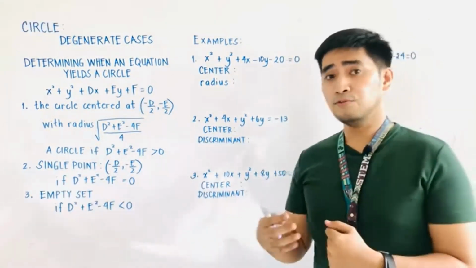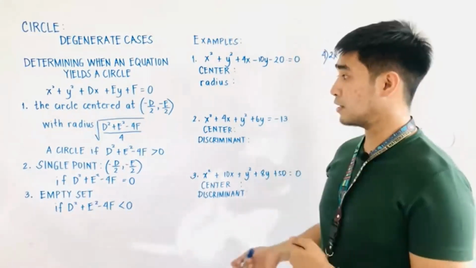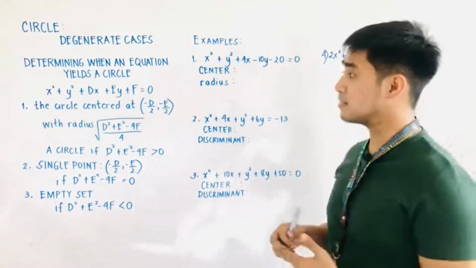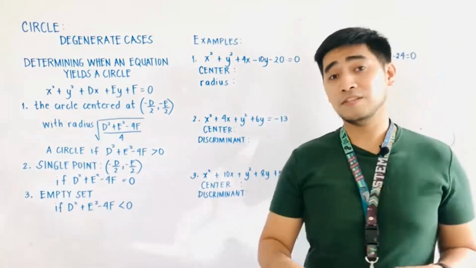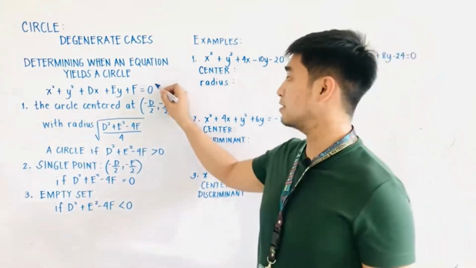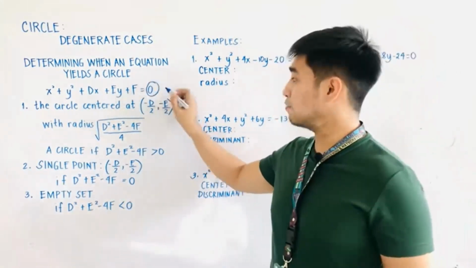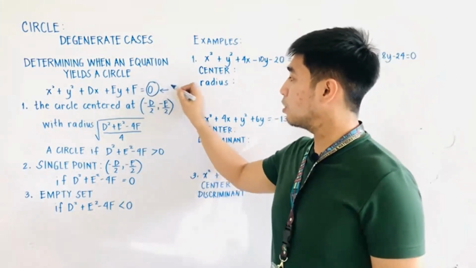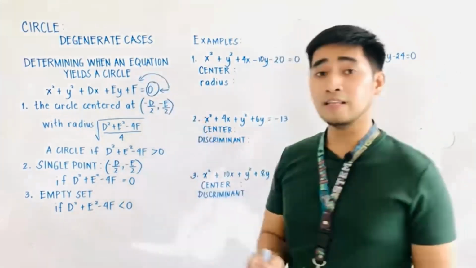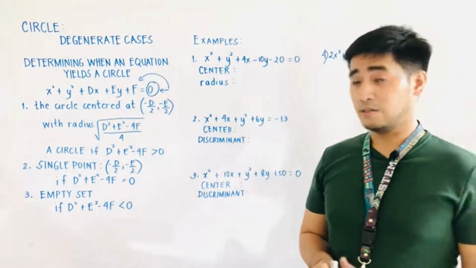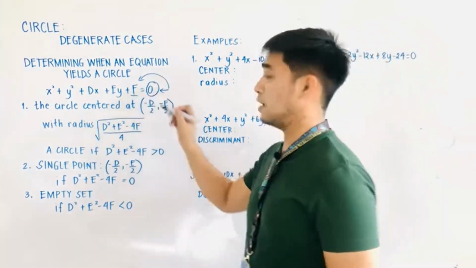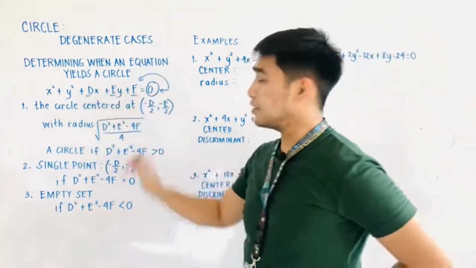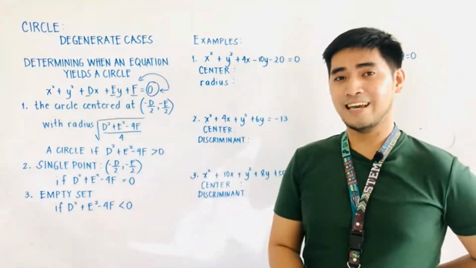Let us go back to the general form of the circle, which is x squared plus y squared plus Dx plus Ey plus F is equal to 0. Remember that the right side is always equal to 0. And if there is a constant number there, all we have to do is transfer that to the left side. Okay, and that becomes the value of F. D and E are the coefficients of x and y.